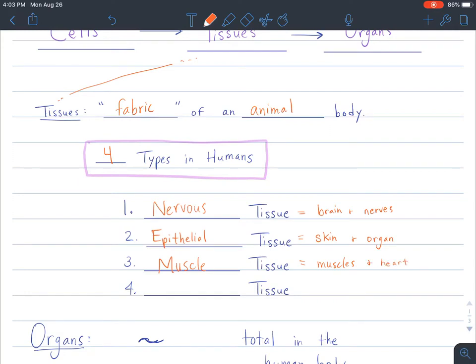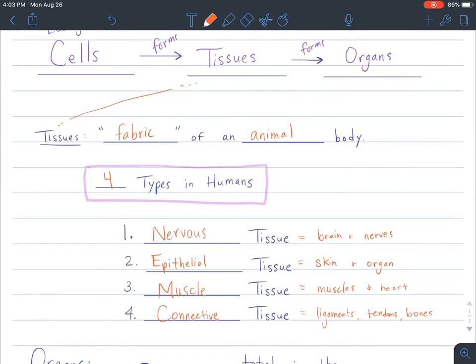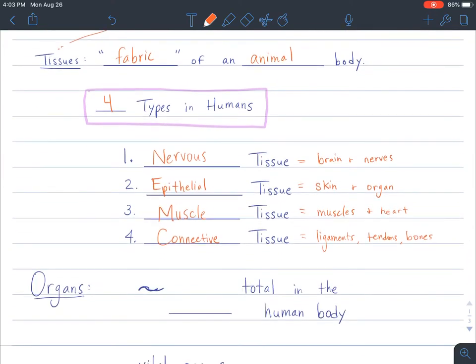And last, number 4, is our connective tissue. And connective tissue is used for our ligaments, tendons, and our bones too. So you can see there's 4 types of tissues here, and these 4 types of tissues are what we use as the fabric to make up our different organs.